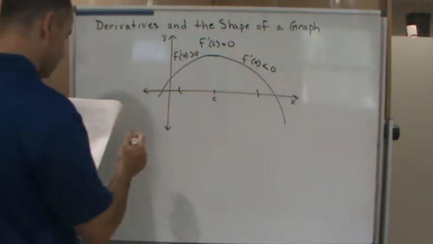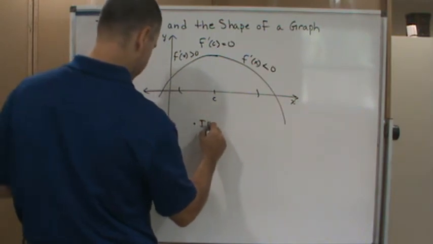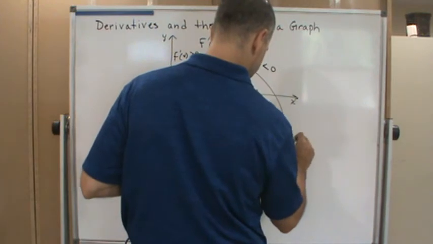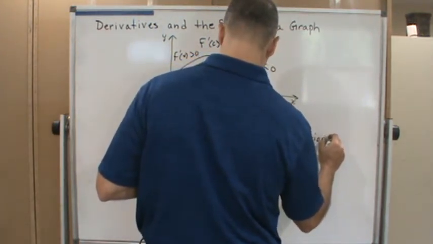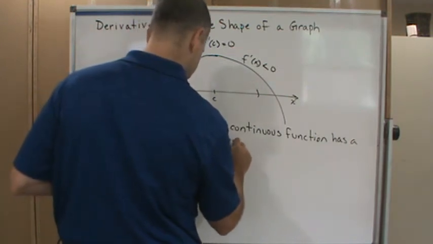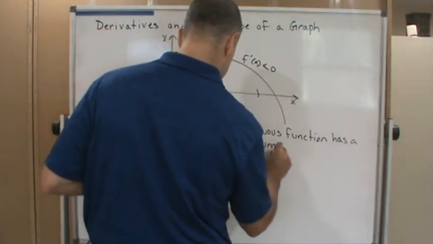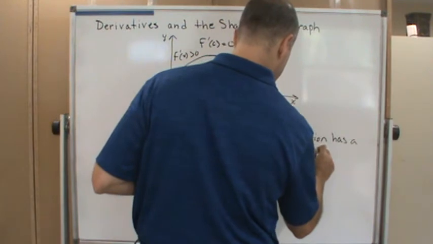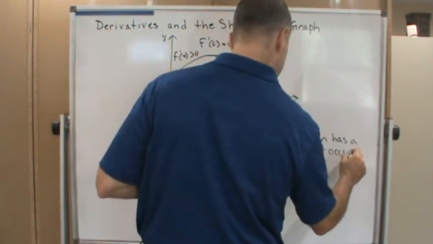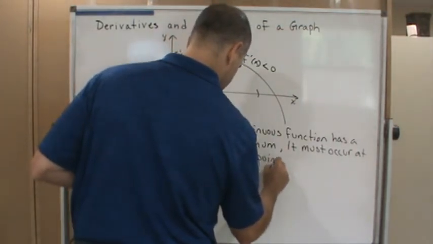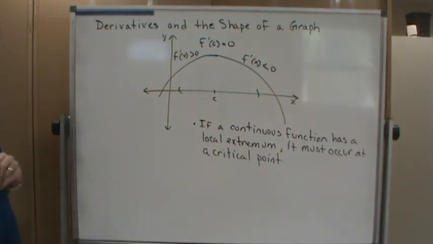So the takeaway here are these three. First, if a continuous function has a local extremum, either a local maximum or a local minimum, it must occur at a critical point.